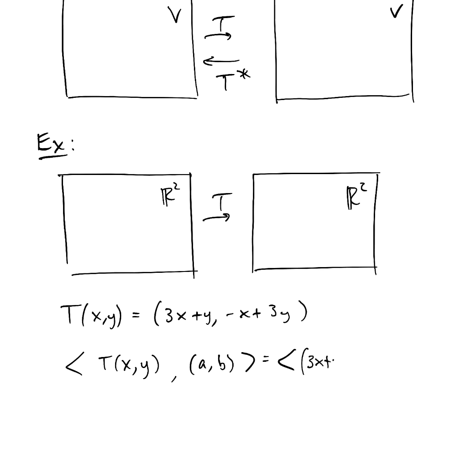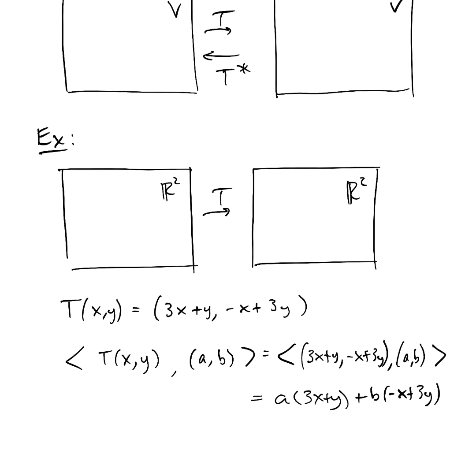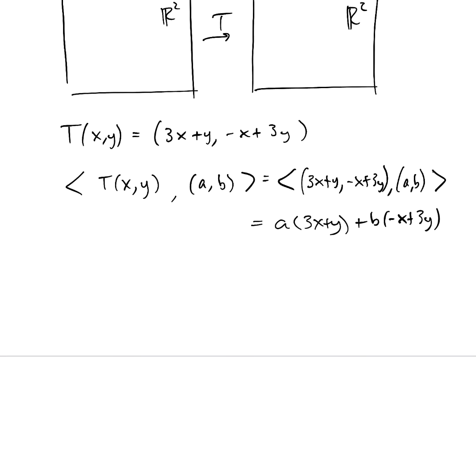So this is (3x plus y, negative x plus 3y) inner product with (a,b). And we know how to do dot products. So this is a times (3x plus y) plus b times (negative x plus 3y). It's just dot product.